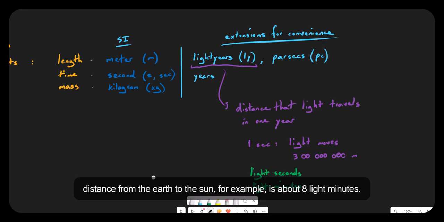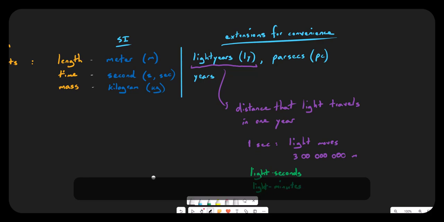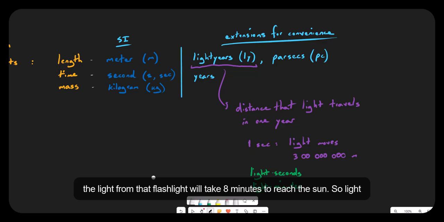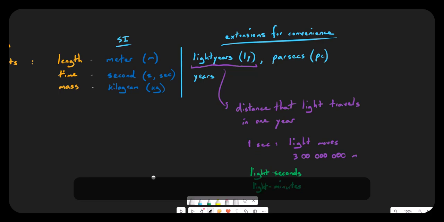The distance from the Earth to the Sun, for example, is about 8 light minutes. What that translates to is if you shine a flashlight from here, the light from that flashlight will take 8 minutes to reach the sun. So, light minutes.